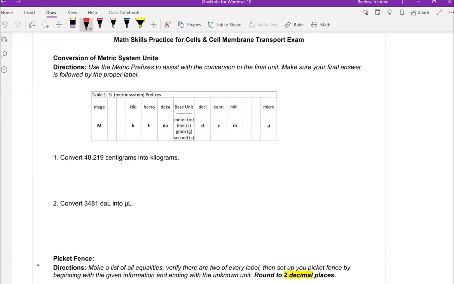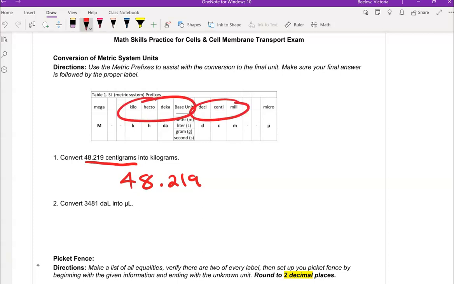So for this first problem here, I have 48.219 centigrams. So centi, so that would be here, right? And it's with grams, right? Any of these prefixes, remember, can be put with one of these base units.